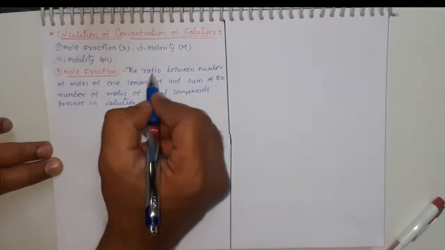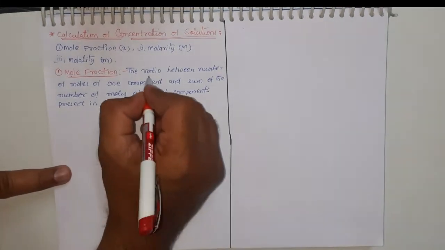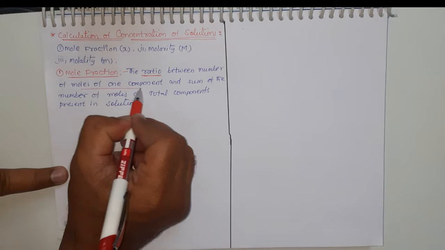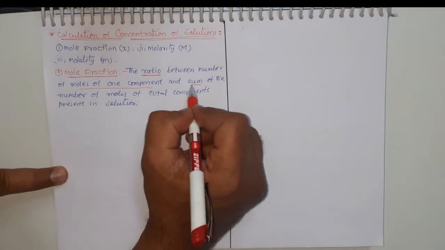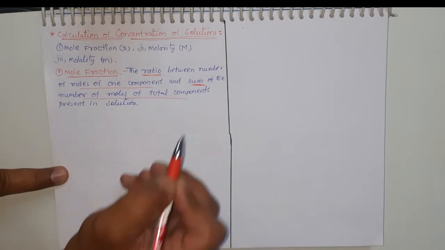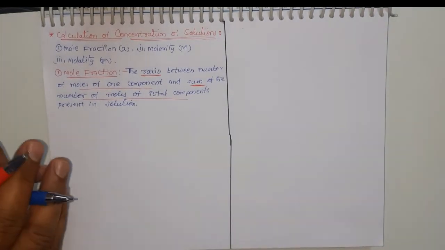Okay students, it is a ratio between the number of moles of one component and the sum of the number of moles of total components present in solution.